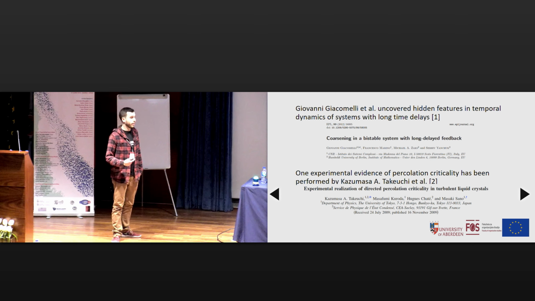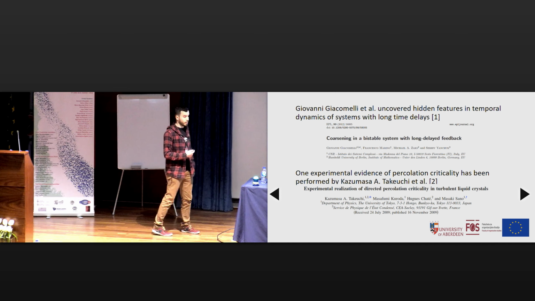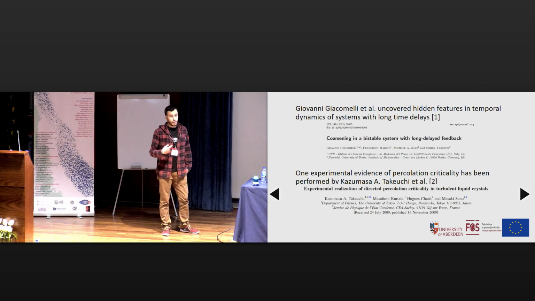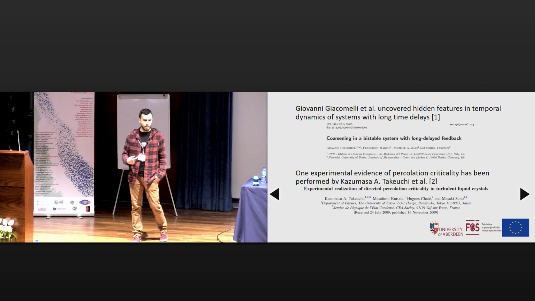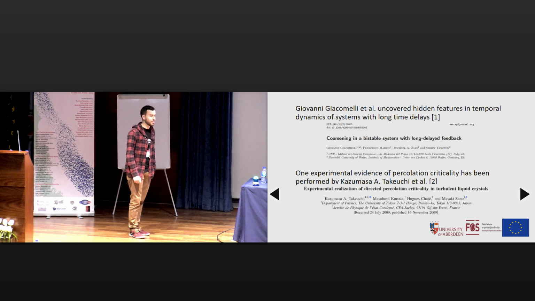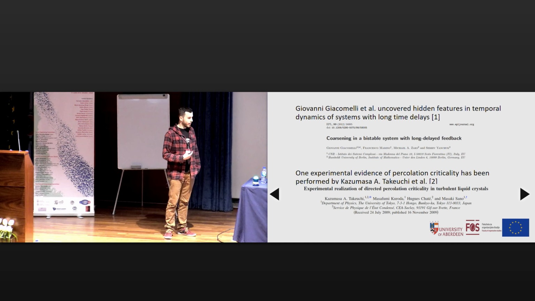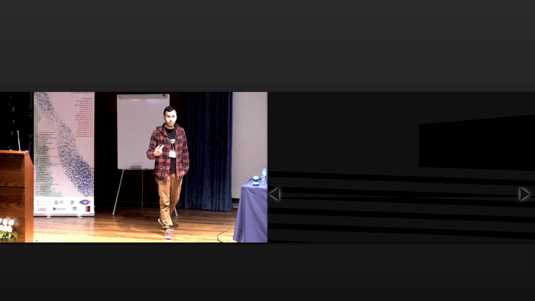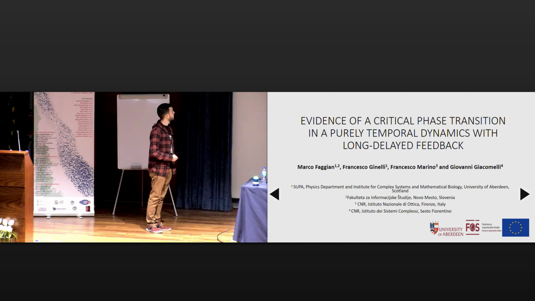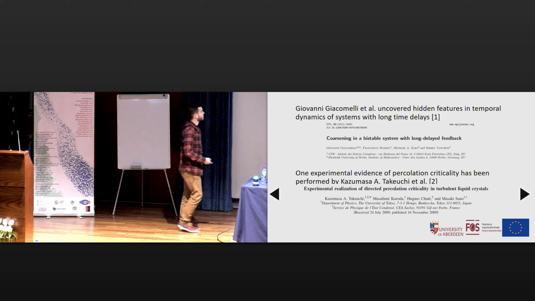And you will maybe also remember an experiment by the group of Katsumasa Takeuchi, dealing with a critical phase transition in turbulent liquid crystal. He showed, with a brilliant experiment that I suggest you have a look at, that this critical phase transition belongs to the directed percolation universality class. Oops, and it disappeared. Okay, come back.